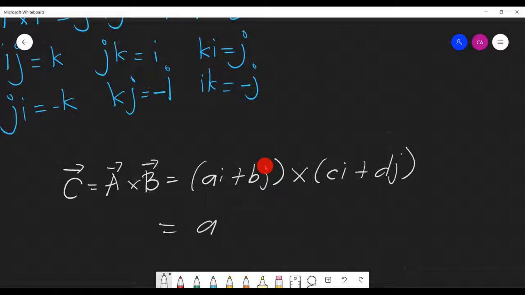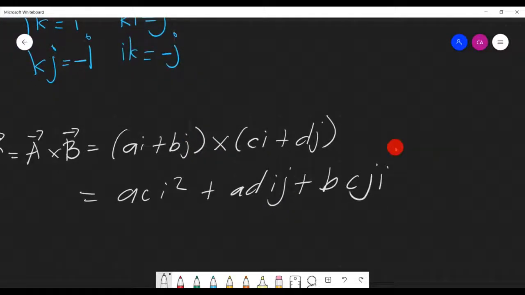So equals yan sa AC i squared plus AD ij plus BC ji and lastly plus BD j squared.